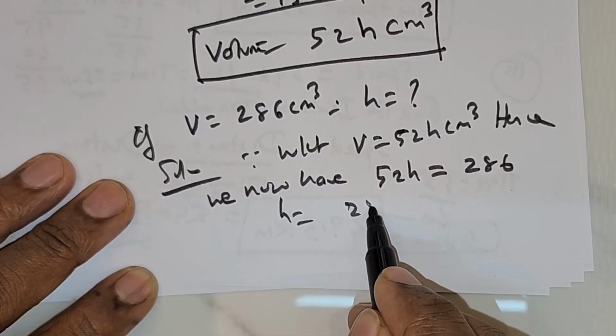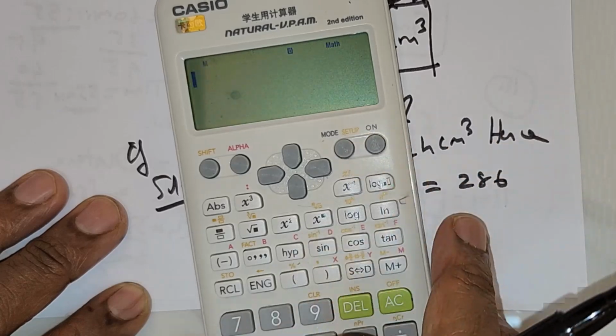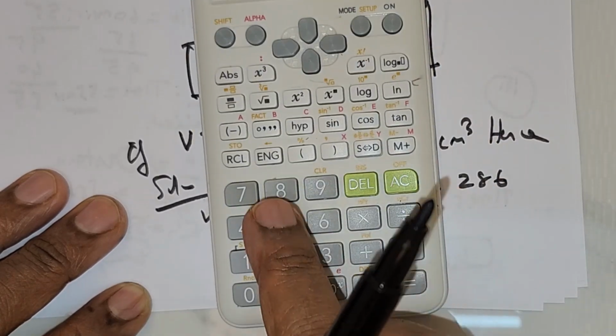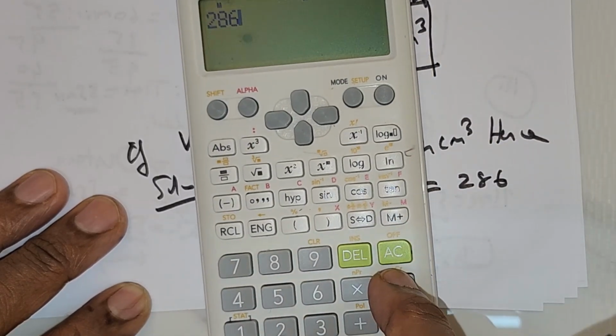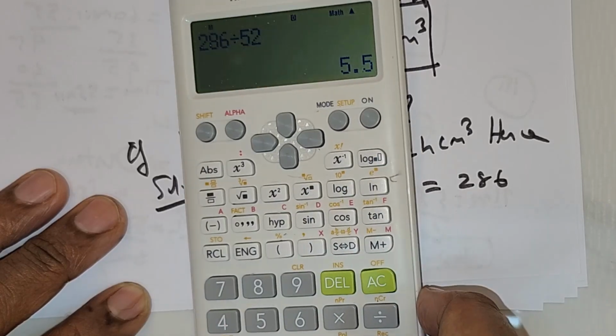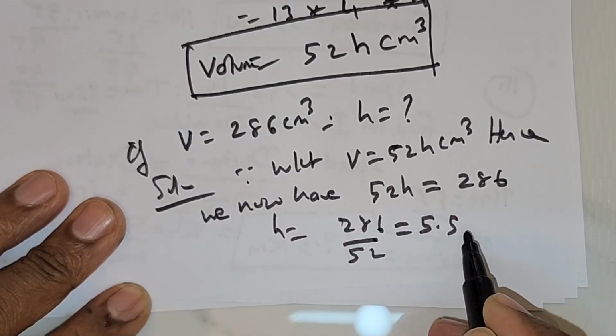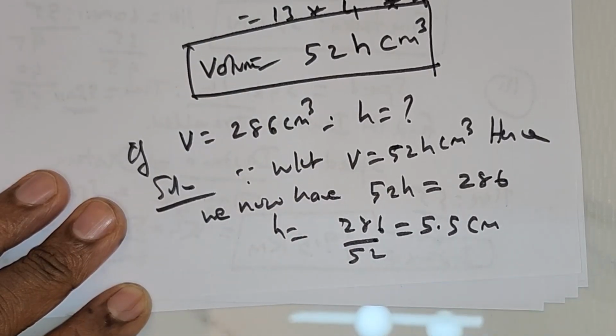Therefore h is equal to 286 divided by 52. So you can use your calculator. 286 divided by 52 is 5.5. This is 5.5 cm. Okay, students.